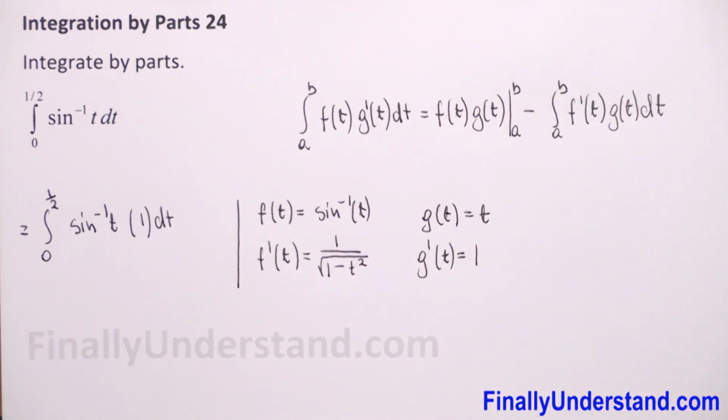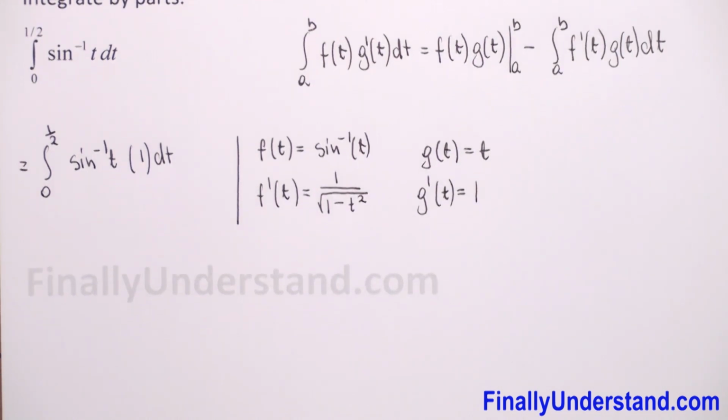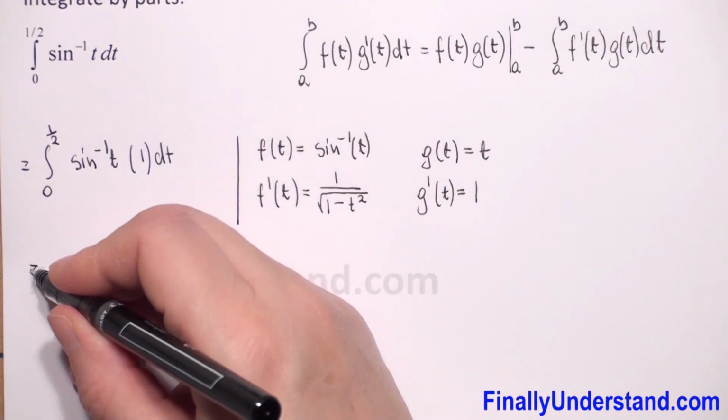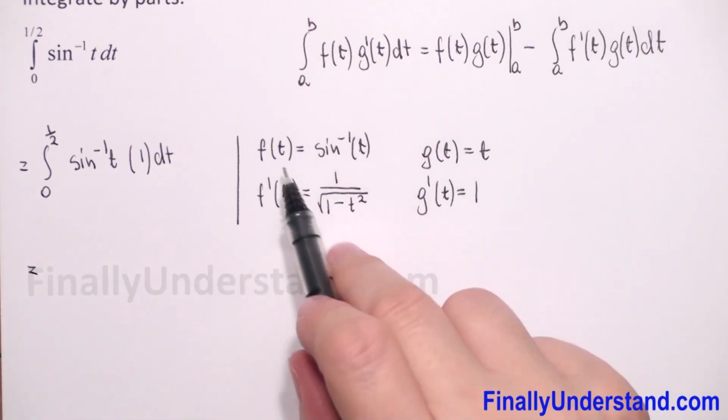So now we have to just plug this into our formula. So this is equal to f times g.